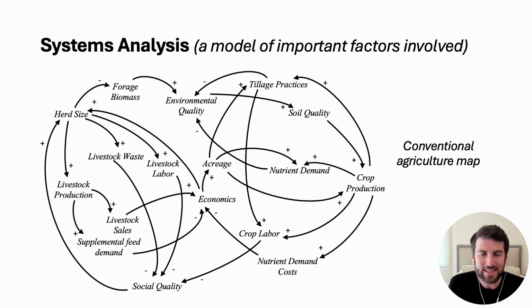Now, this kind of system analysis is important for different stakeholders to see what are the relevant factors. Are they direct? Are they inverse relations? And now if I was to make a change in the system with limited time and energy, I can only change one thing or a few things. What should I change? And so getting a systems view can help you see leverage points and what are the most impactful ways that this system can be changed.